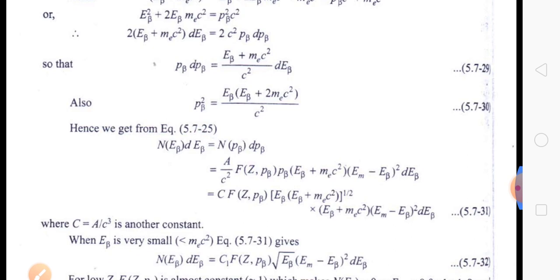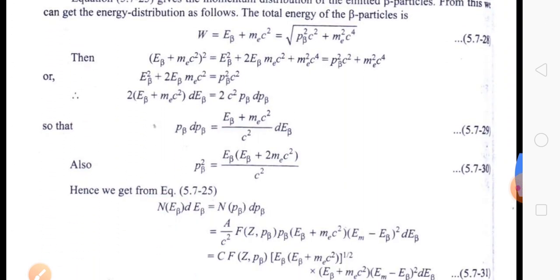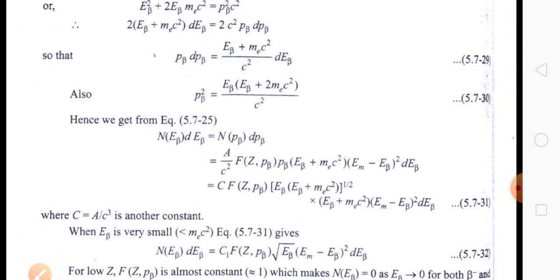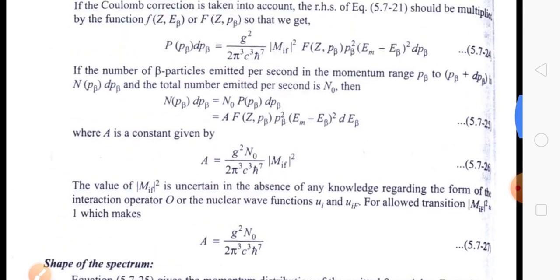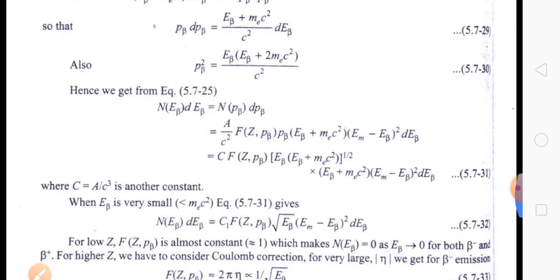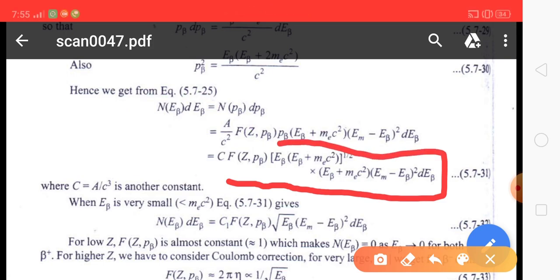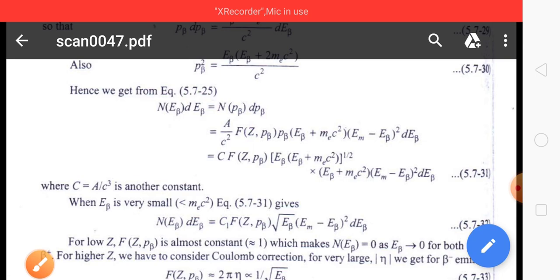Hence we get from equation 5.725 the total number of particles emitted per second. This is just putting the values. So this much, please write it down.